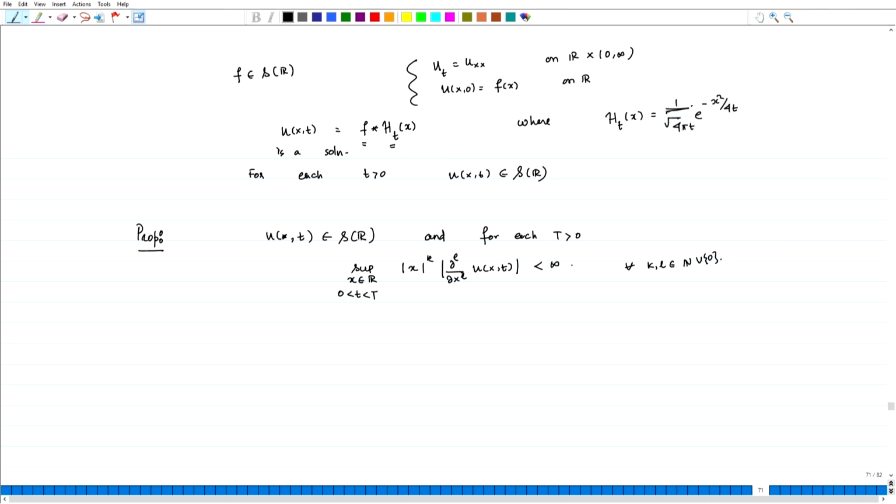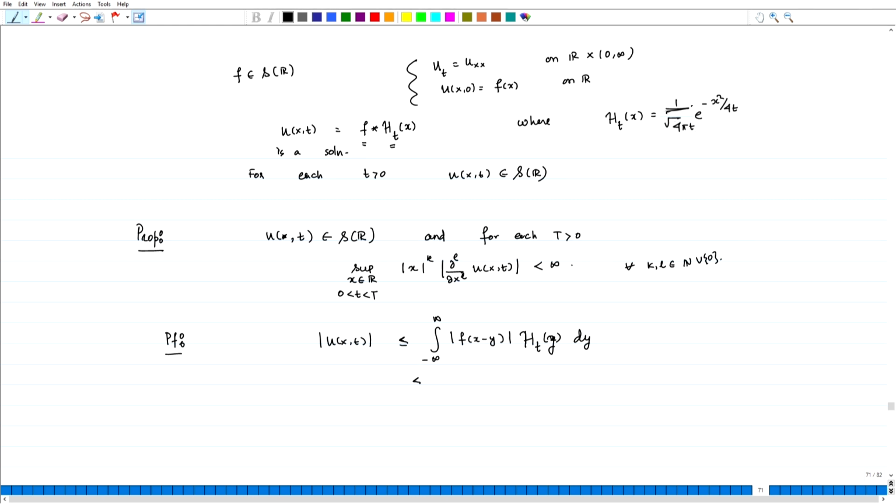Now look at mod of u of x, t. This is lesser or equal to the integral from minus infinity to infinity of mod of f of x minus y, and then h_t is a non-negative function, so h_t of y dy.